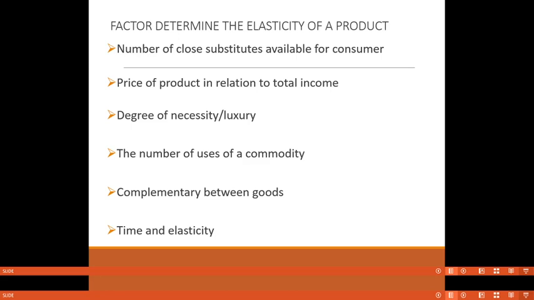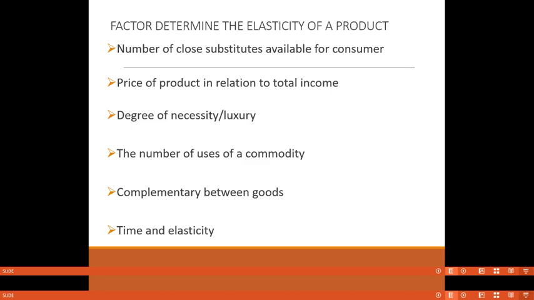The number of uses also defines the elasticity. That means when the price of such a commodity increases, it is generally put only to more urgent use, and as a result its demand falls. When the price falls, it is used for satisfying even less urgent needs and demand rises. For example, electricity.